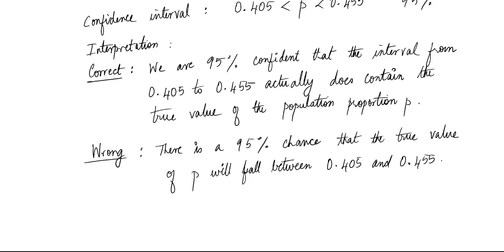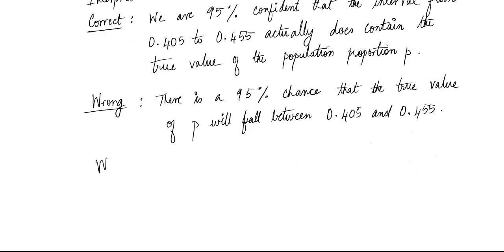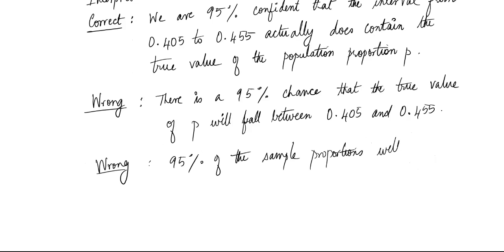There's also another wrong version. You could say 95% of the sample proportions will fall between 0.405 and 0.455.